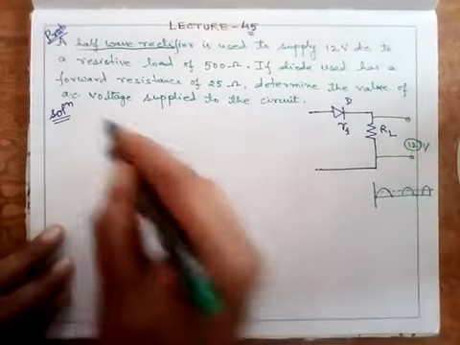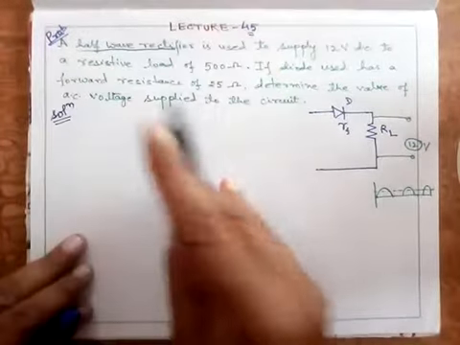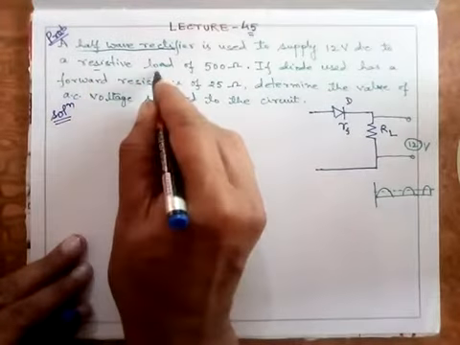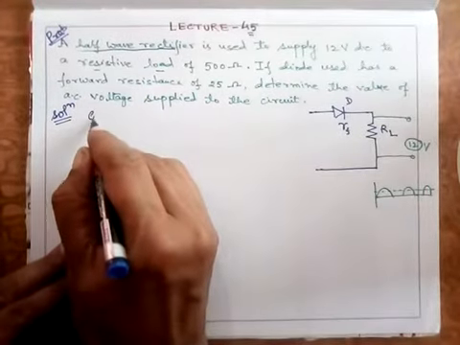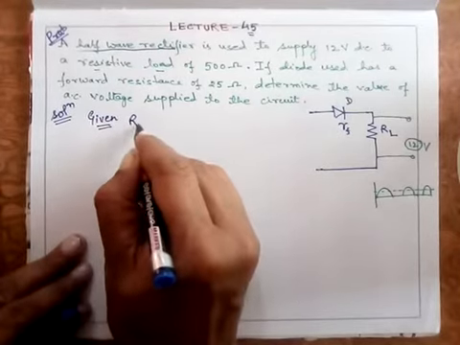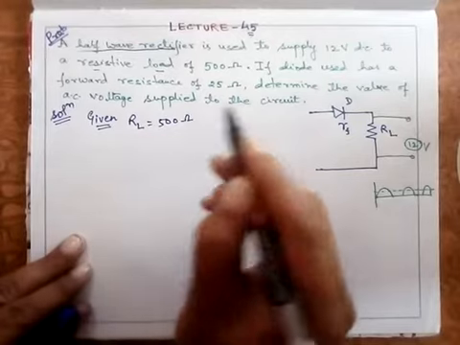Means the value of this RL, the resistive load, is given as 500 ohm.